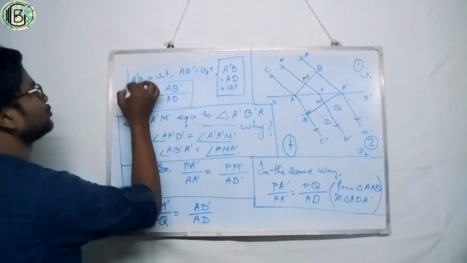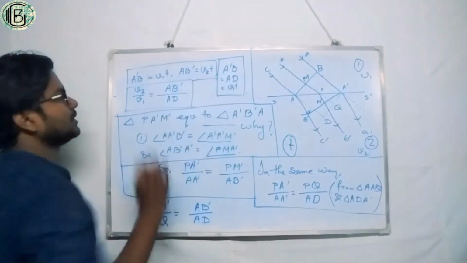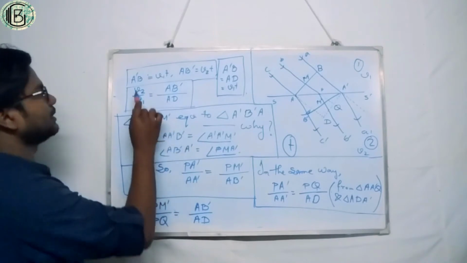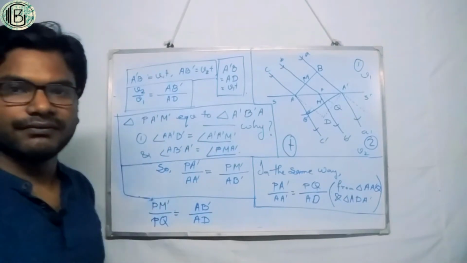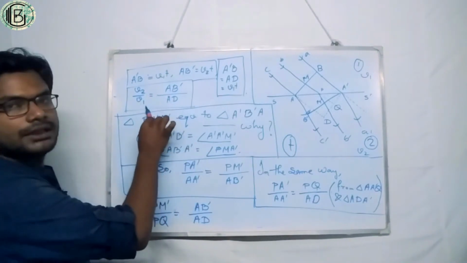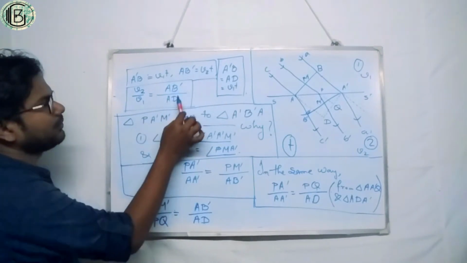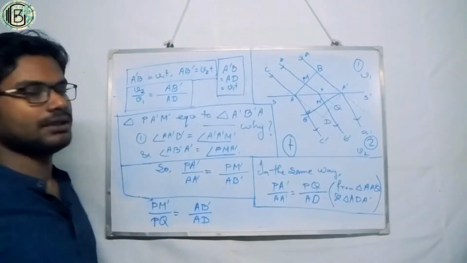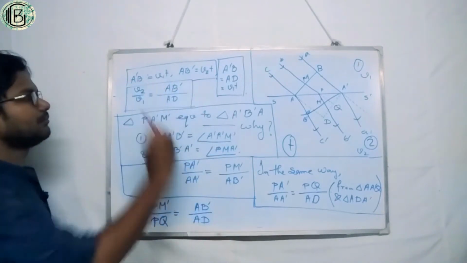So if this is true, then from this relation we will get V2 by V1 equal to AB prime by AD.